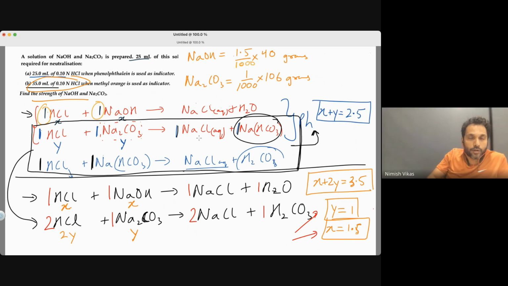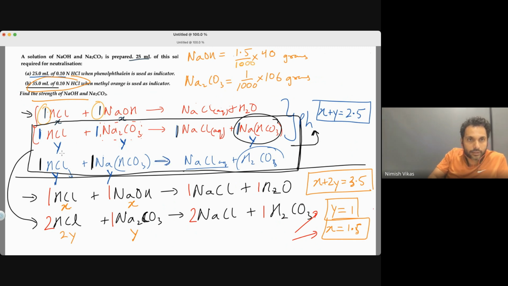So I can say that Y HCl reacting with Y of Na2CO3 gives Y amount of NaHCO3. That Y amount reacted with another Y amount of HCl for a complete reaction.